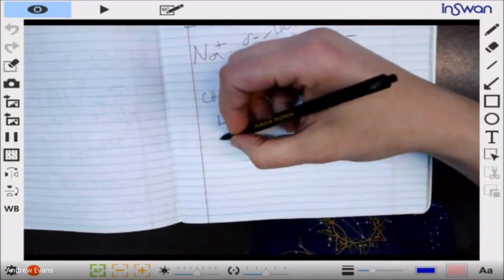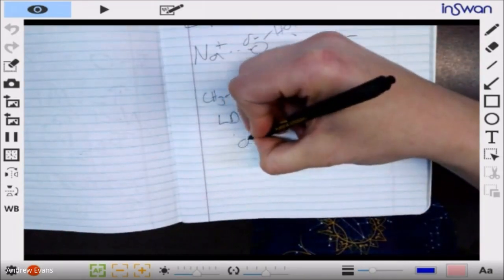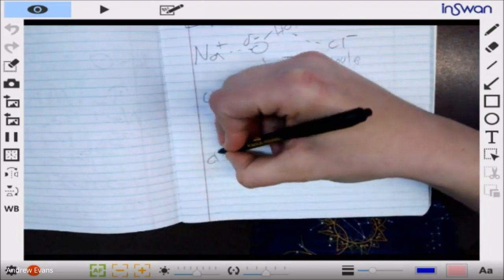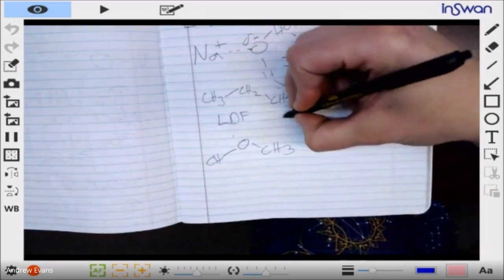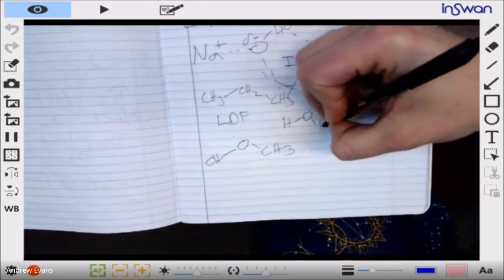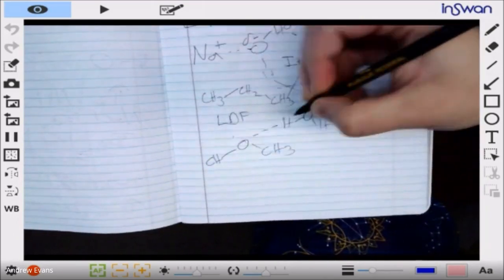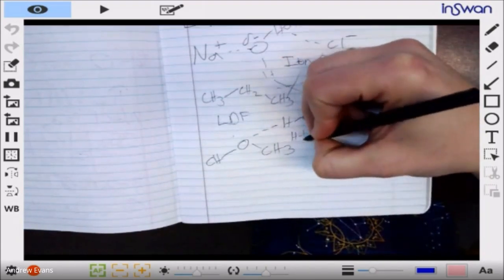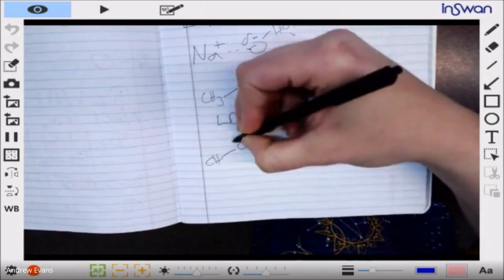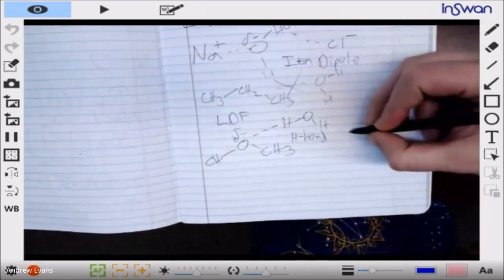The last two are dimethyl ether, which does have some hydrogen bonding. It would also have dipole.